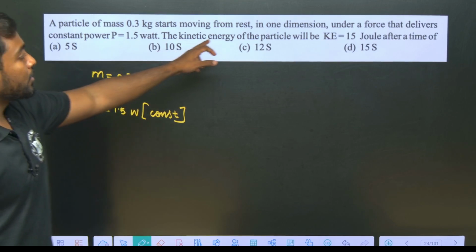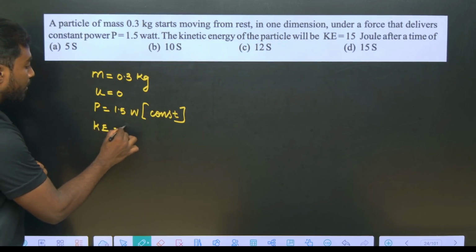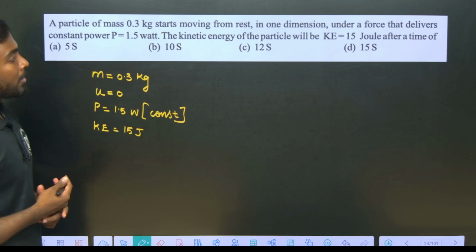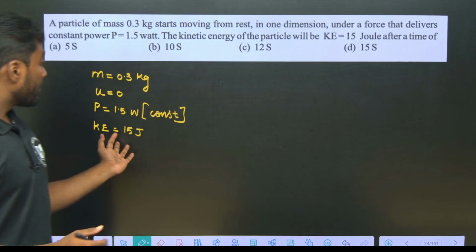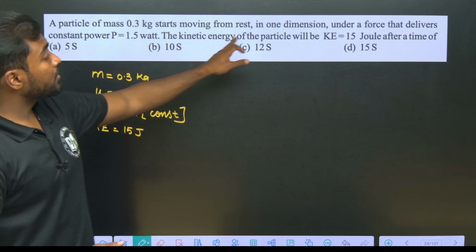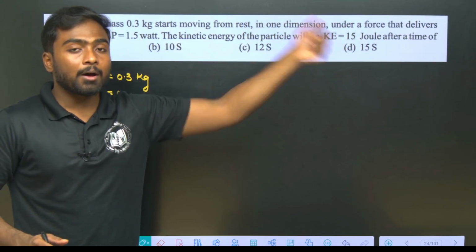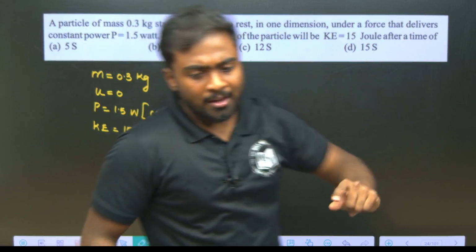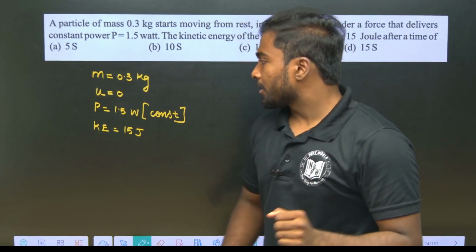And the kinetic energy of the particle will be 15 joules after a time of, okay, they are asking how much time it has taken. Yeah, we know that power is nothing but the rate of work done, right?